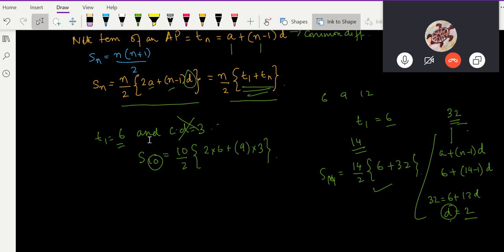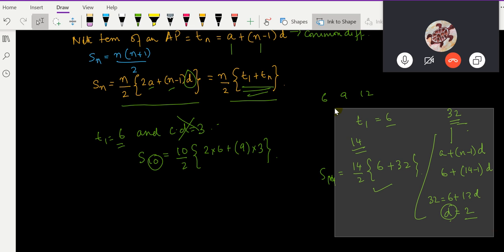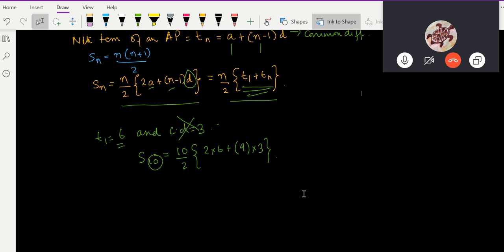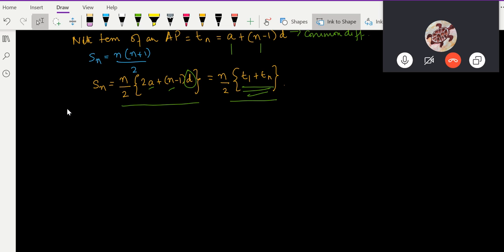So whenever you are asked to find the sum of n terms in an arithmetic progression, what would you look for? What are the things that you need? You need the number of terms, which is n.